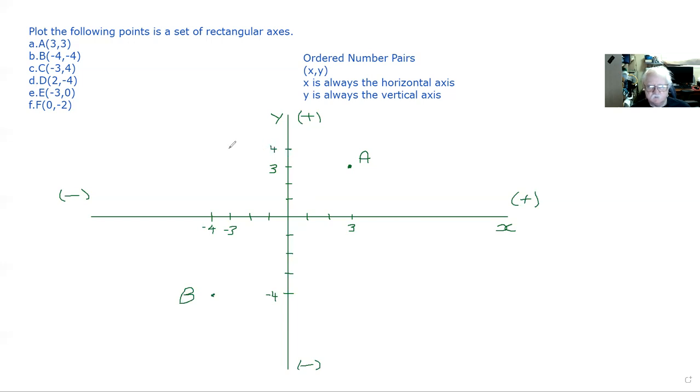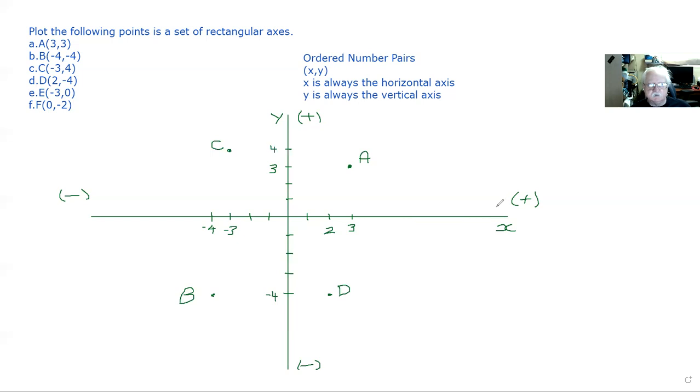And so this would be the point C. And then we've got +2. So here we're +2 on the x-axis and -4 on the y-axis. So this would be the point represented by D.